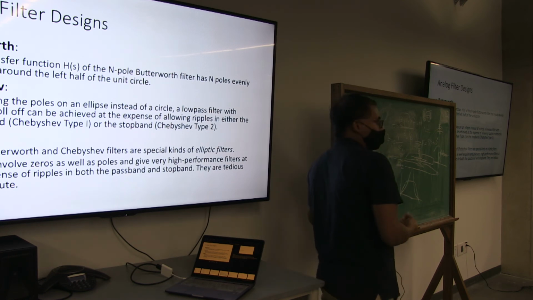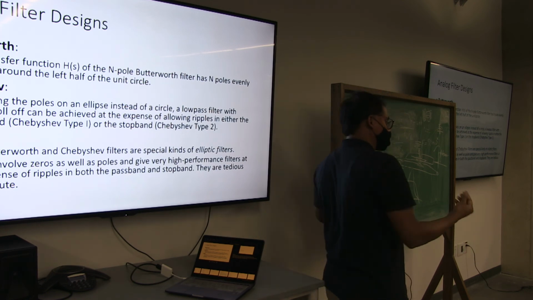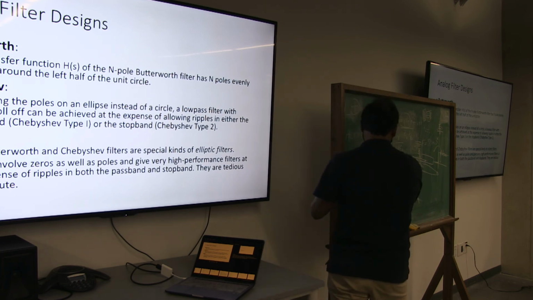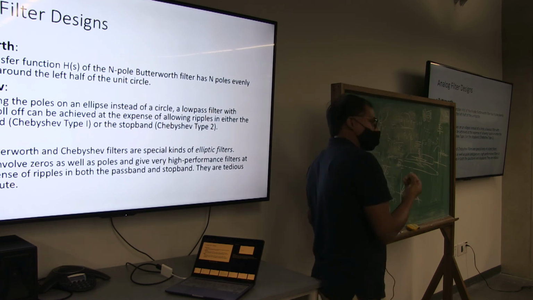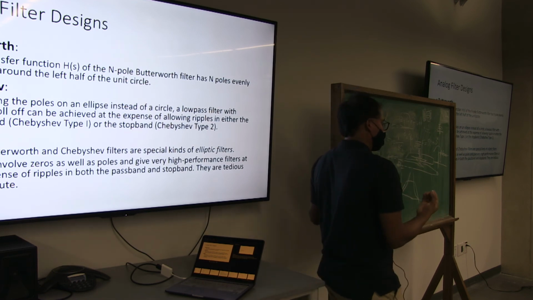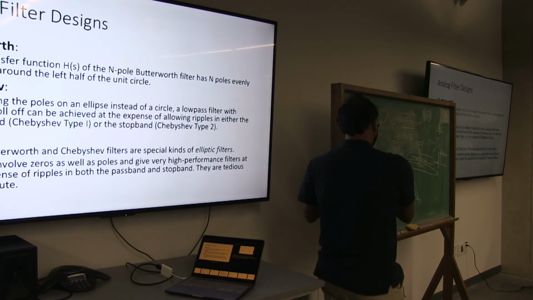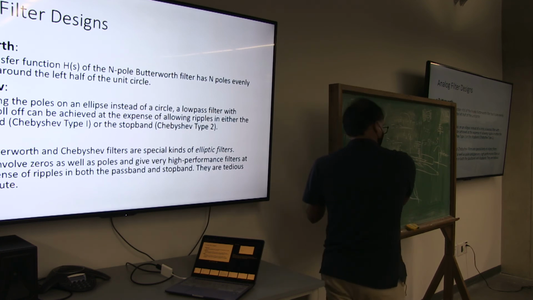Whenever we pick the poles on a circle, on the unit circle, we call it a Butterworth filter. The advantage of having a Butterworth filter is that since they're always on this unit circle, we'll always have a flat response.